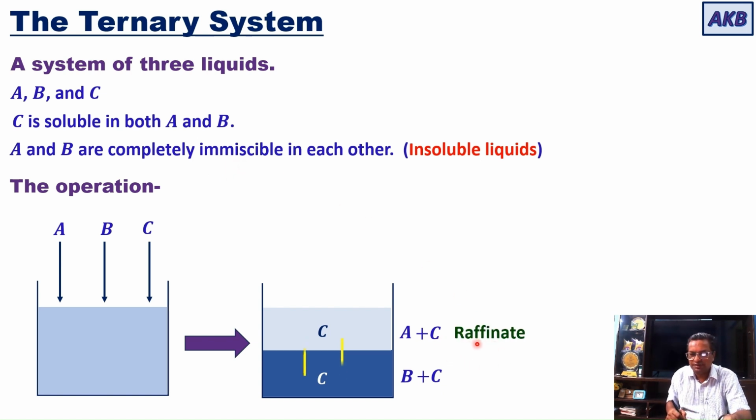So this is the raffinate layer and this is the extract layer. The raffinate layer will contain all A in it and the extract layer will contain all B in it. That is the different thing when you have such a system where A and B are completely immiscible in each other, that is, they are insoluble liquids.